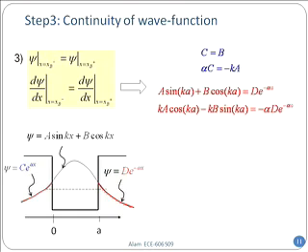Can we do that? So let's first look at the top blue regions, the 2 blue equations, and we'll talk about the red in a second. Look at x equals 0. If the wave function has to be continuous, then immediately to the left of 0, I have C, because x equals 0.